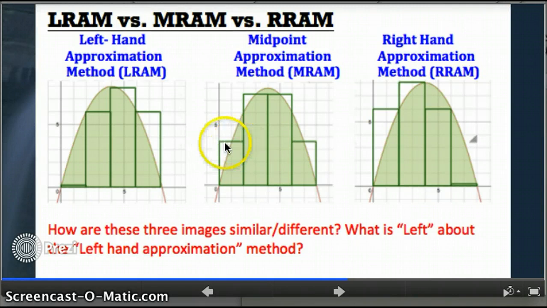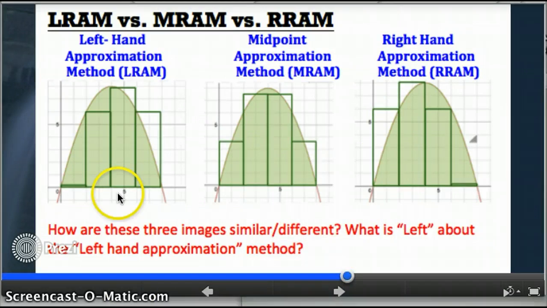In other words, the height of each rectangle comes from plugging the midpoint into the parabola. In the right-hand approximation method, the height of each rectangle depends on the right-hand edge. So here we would plug the right-hand x value into the parabola and get that height out.